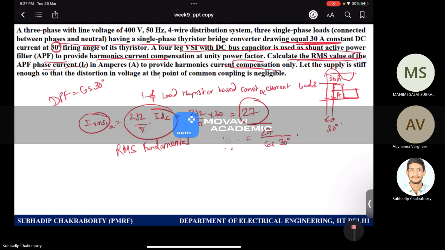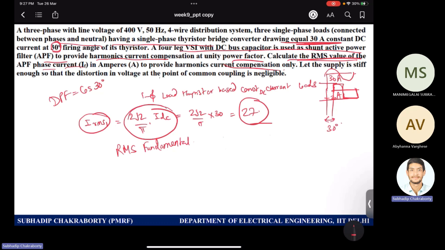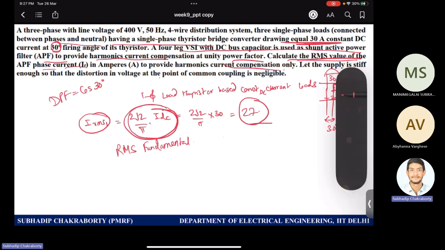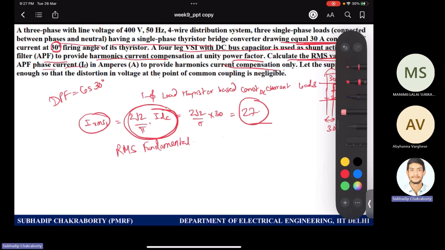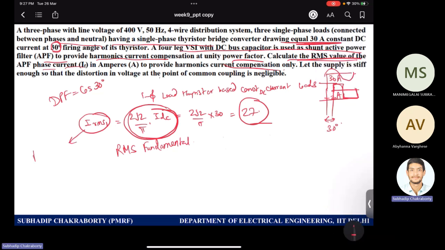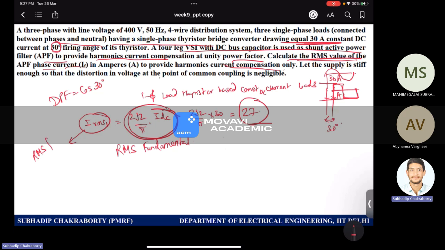So whatever this is, this is the actual RMS fundamental, right?